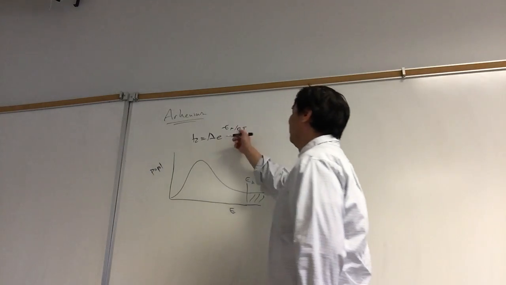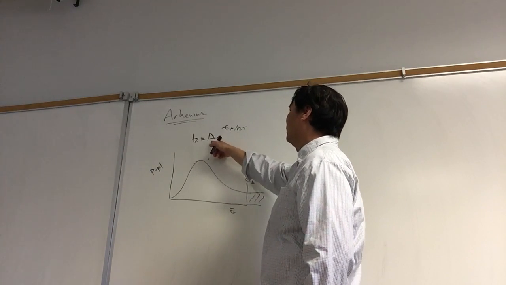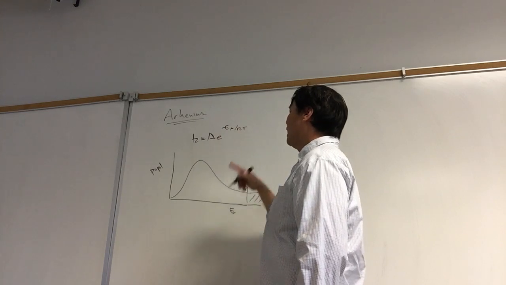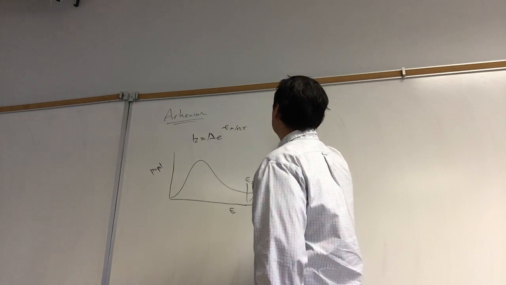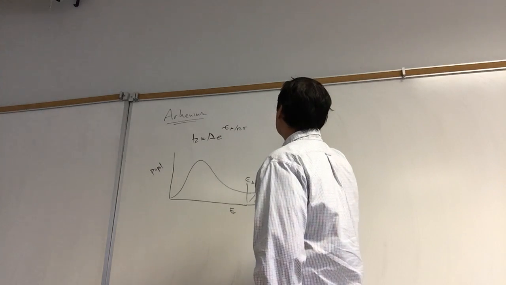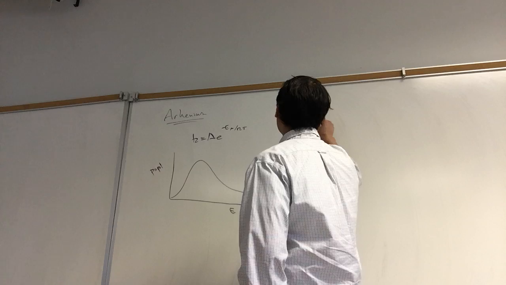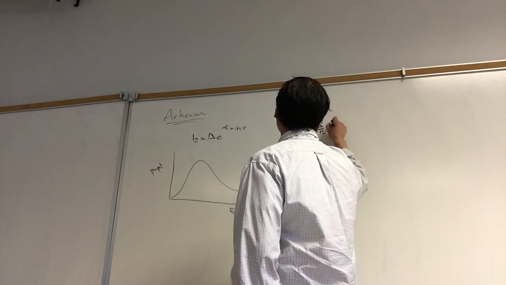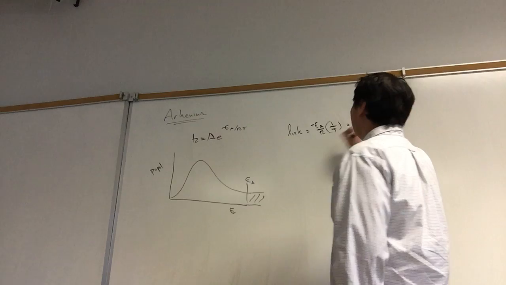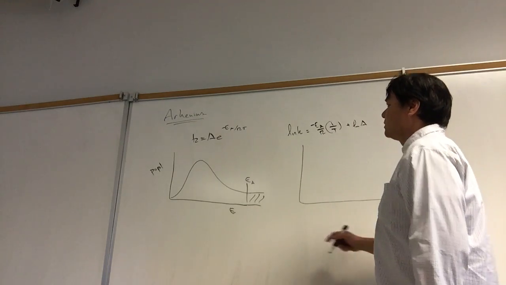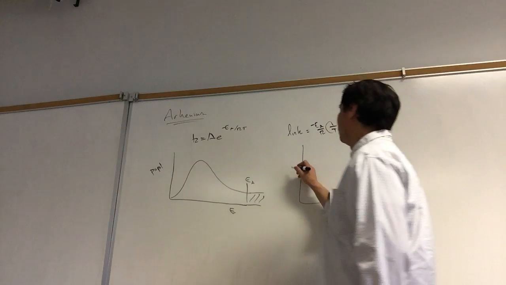There are different ways we could solve this equation, but solving this curve is difficult to get the A and the EA from the curve. But if we write this equation in a different form, we get ln of k equals minus EA over R, 1 over T, plus ln of A. Then it's easy, because to mathematically fit the curve and get all this other stuff is difficult.